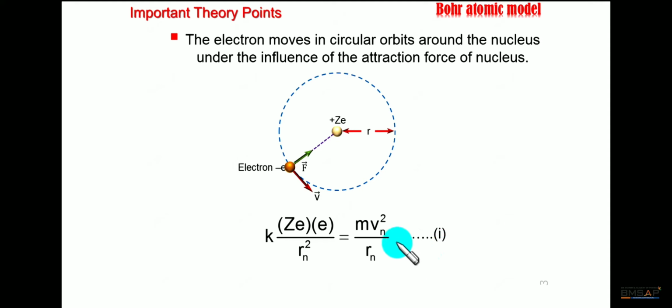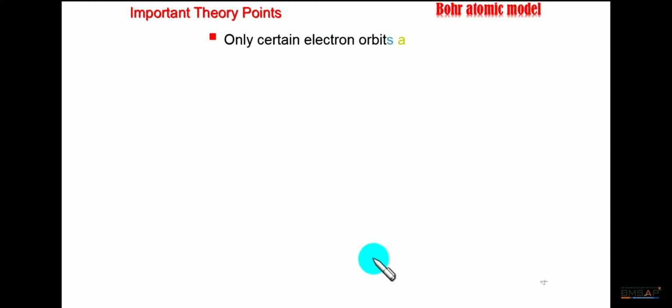And the second point: only certain electron orbits are stable. These are the orbits in which the electron does not emit energy in the form of electromagnetic radiation.